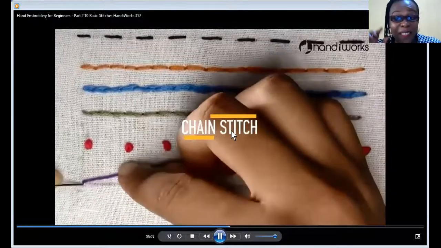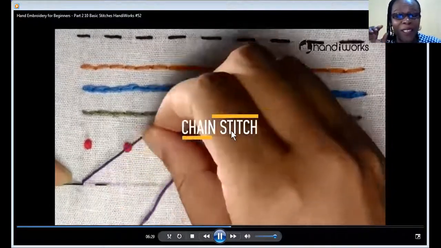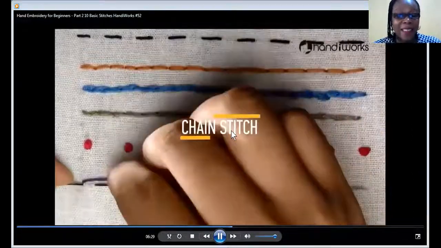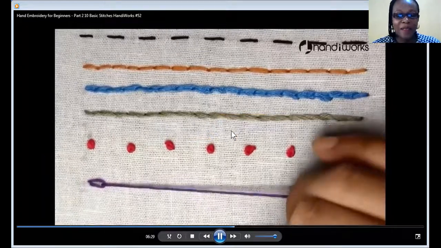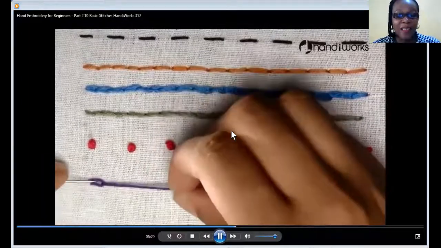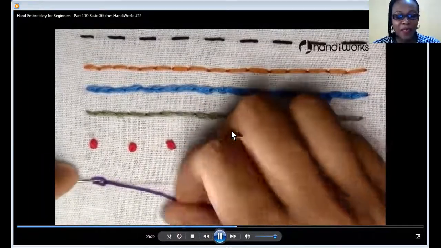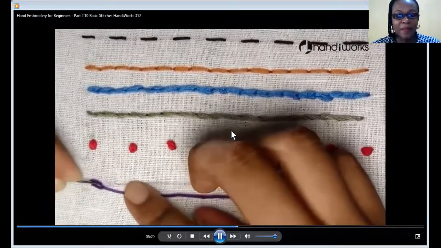I love this stitch very well, my dear. Watch very well because I might give you an assignment on it. I love it. Very unique. They are all fine, beautiful. Oh, look at it.